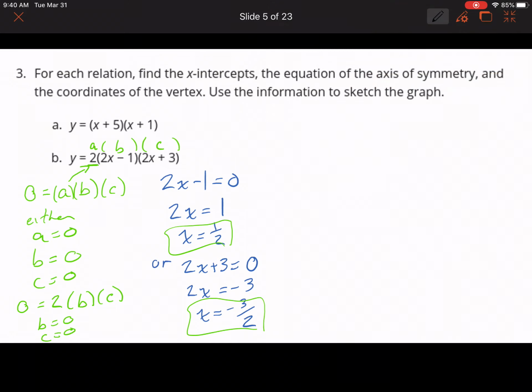I didn't give myself a grid this time, so I'm going to have to draw it. So -1, -2, -3, -4.